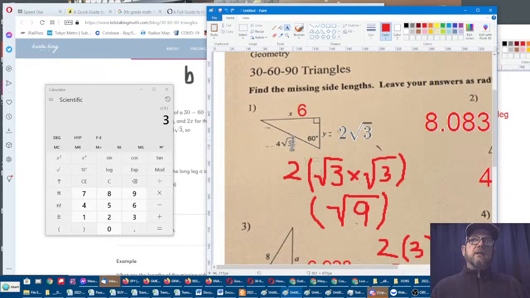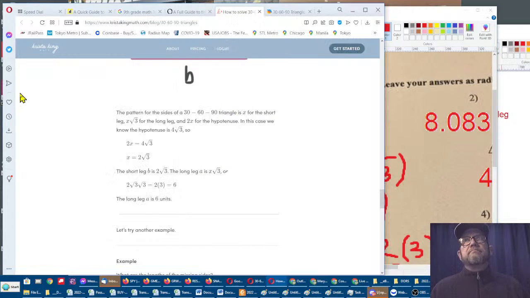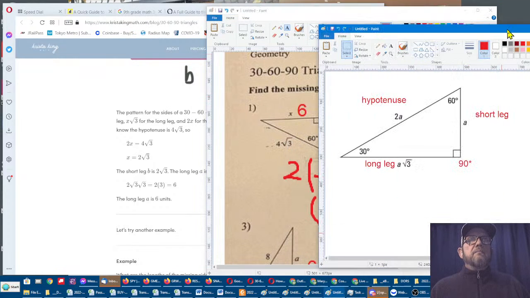So originally we thought of it as 4 times square root of 3, and we should basically have the 4 part, because your hypotenuse is 2a, and it's half of the hypotenuse.